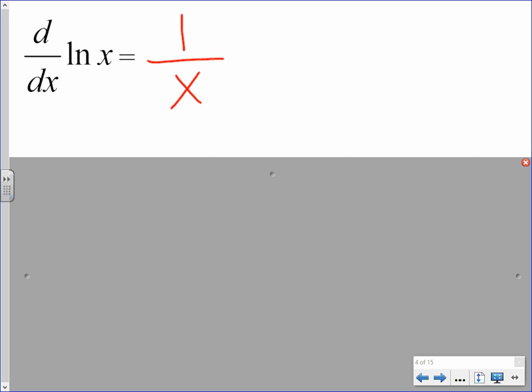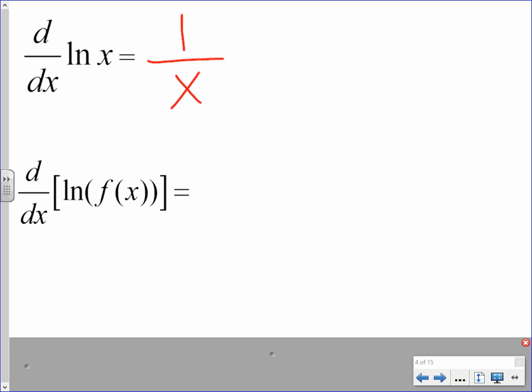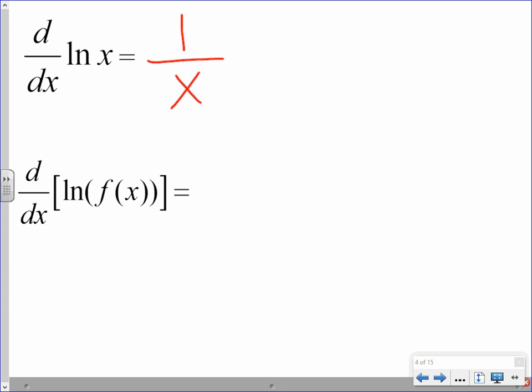Not always are we going to have the natural log of just x, right? It is possible to have something inside of our natural log. Do you agree? So if we have something inside of our natural log, how is that going to look different? What are we going to have to use? The chain rule.